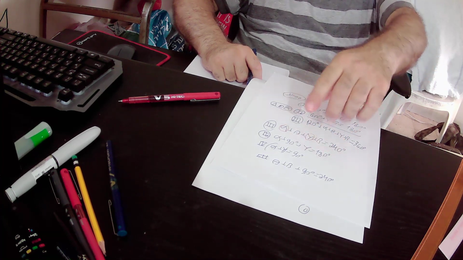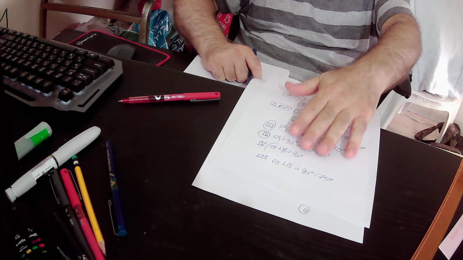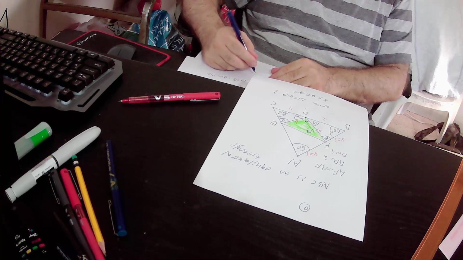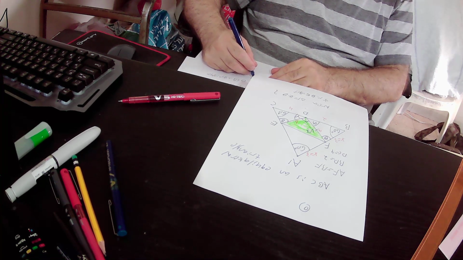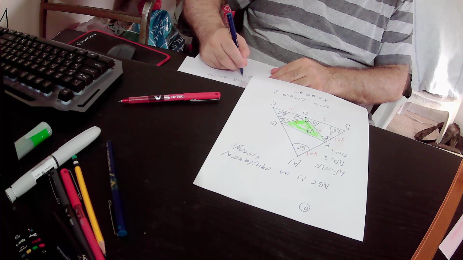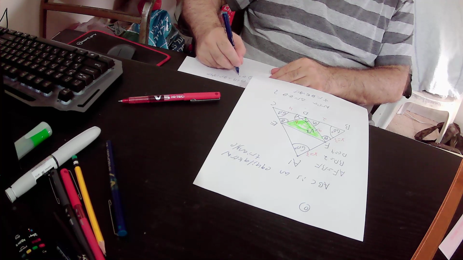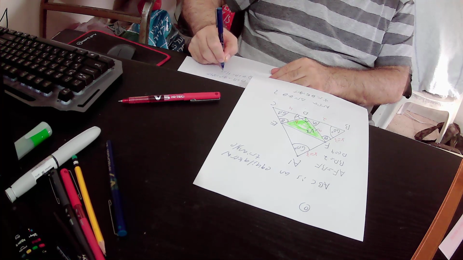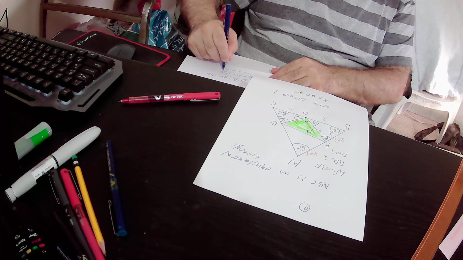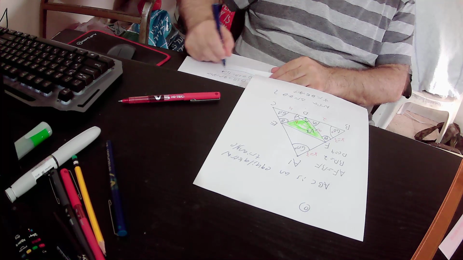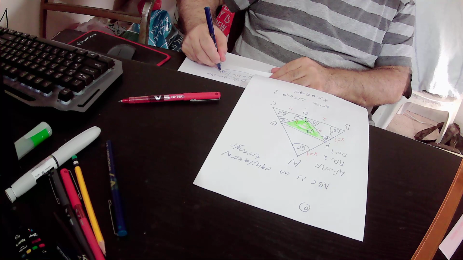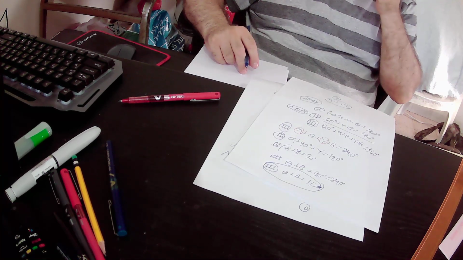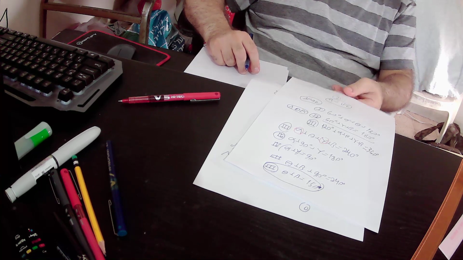Now we will subtract 90 degrees, and we will get that theta plus beta equals 150 degrees.